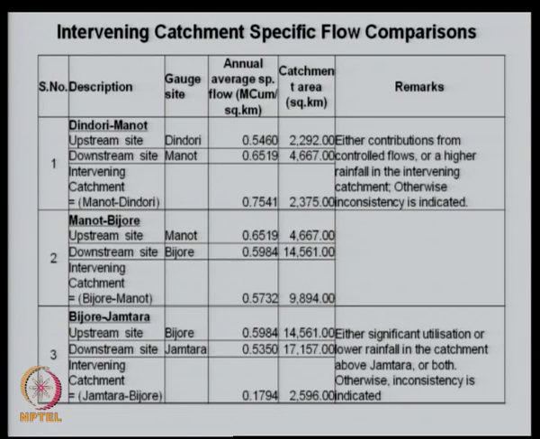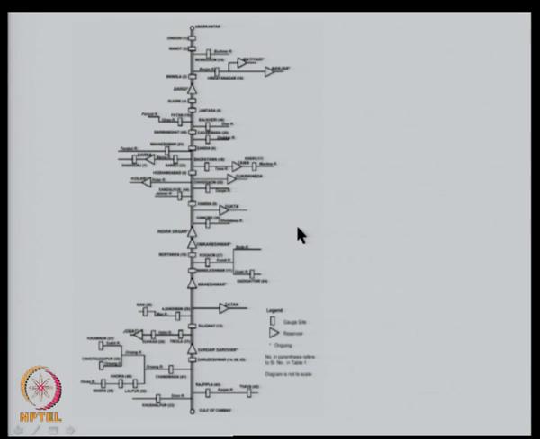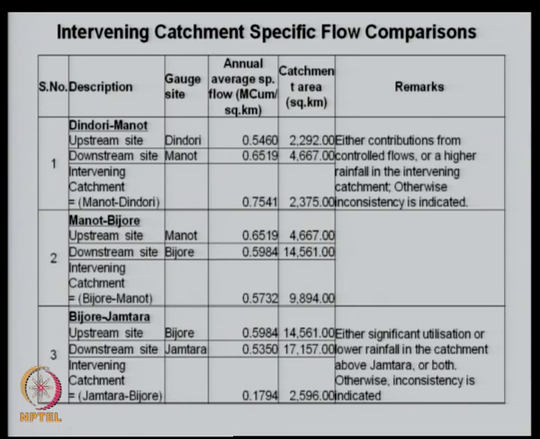Just as an example, I will give you between 2 stations Dindori and Manat. Manat is here, Dindori is here, they are adjacent gauges, quite close to each other. Between Dindori and Manat, the upstream site is Dindori, downstream site is Manat.